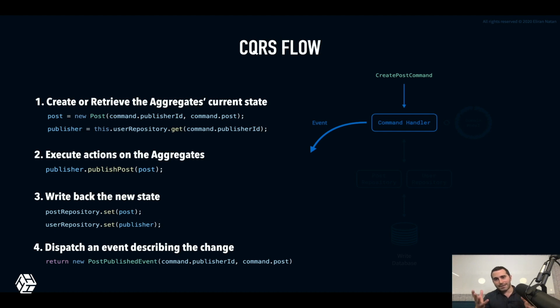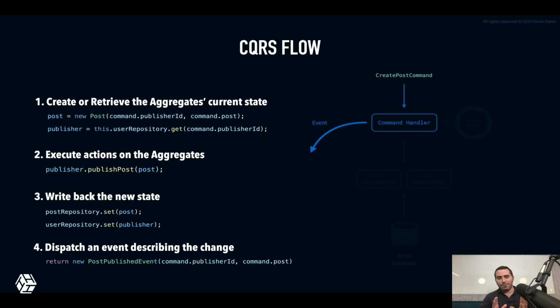So the last thing that the command handler does is returning an event that describes the change that has happened in the state of the application, and then finishes. So I'm returning a new post-published event that holds all the information about the change that I just did.